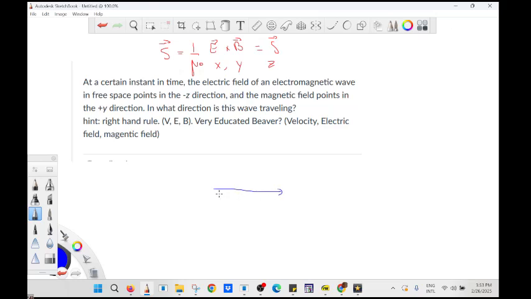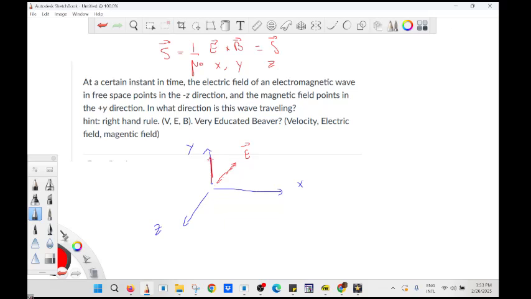So I'm going to make an x, y. So y is here. X, Y, Z, according to the right hand. And it says E is along the negative Z. So that will be here, E. And then B is along the plus Y axis.